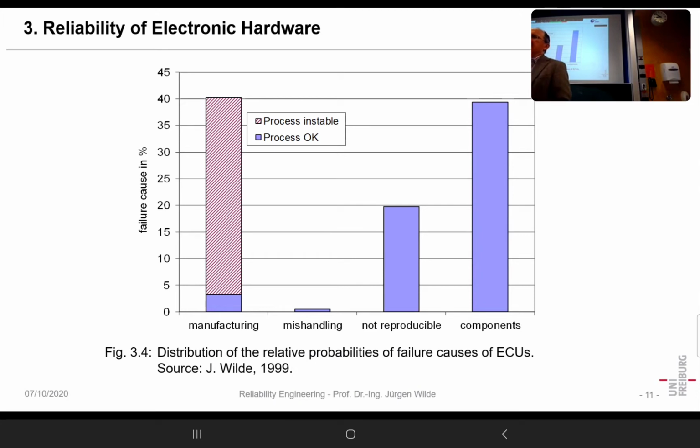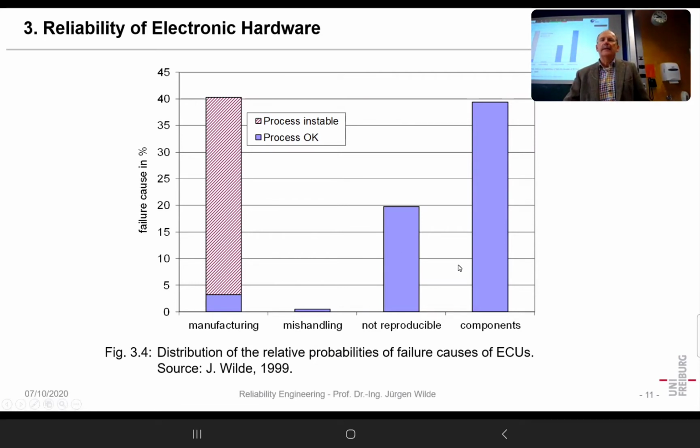And they have to investigate, and normally it takes quite some effort. It's not just reading out some data, but maybe you have to take it under a microscope, under an electron microscope, cut it, X-ray it, and so on, just to find out what's the reason for that failure.